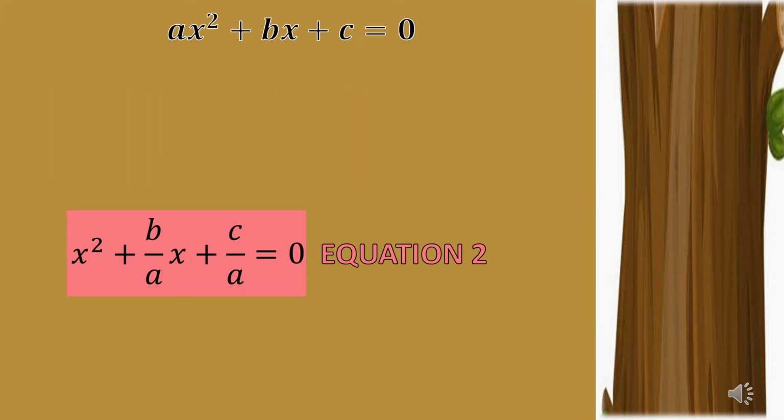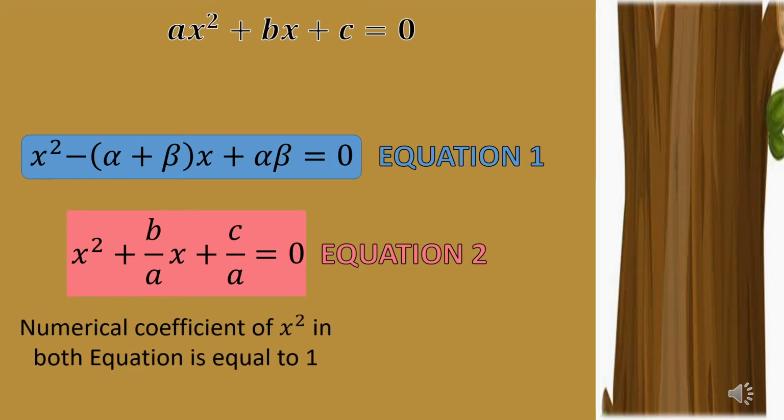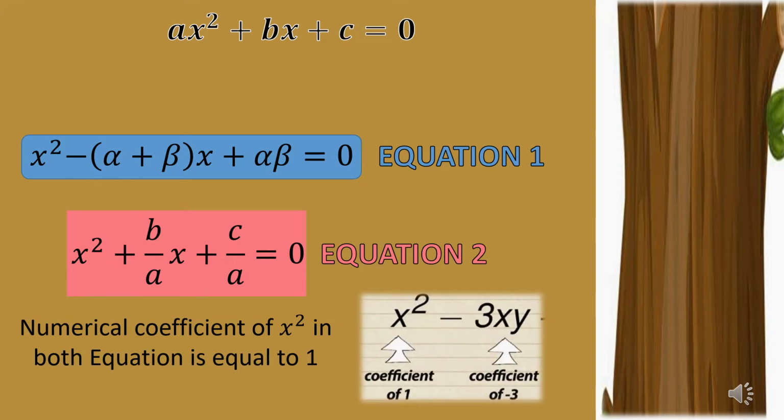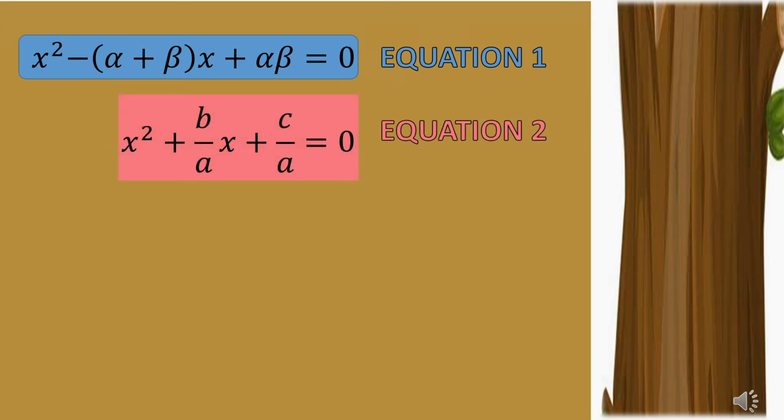Now, the coefficients of x squared in x squared minus (alpha plus beta) times x plus alpha beta, and in x squared plus b over a x plus c over a are both equal to 1. Recall that the coefficient of x squared is the number in front of x squared. The coefficients of x squared in equation 1 and in equation 2 are now both equal to 1.